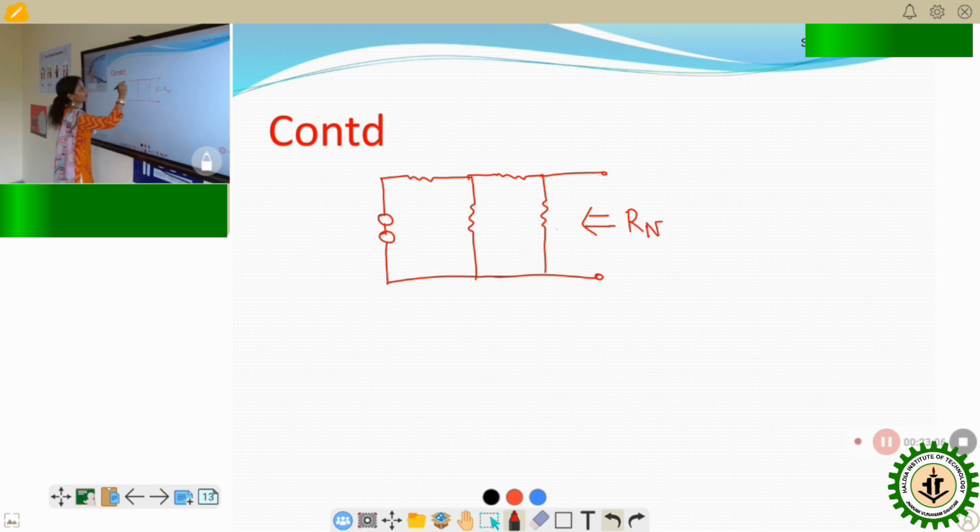RL. It is 4 ohm resistor. It is also 4 ohm resistor. It is also 4 ohm, and it is 5 ohm resistor.